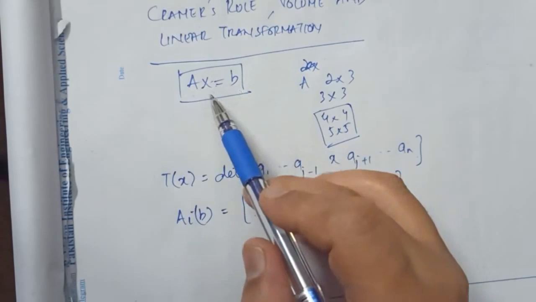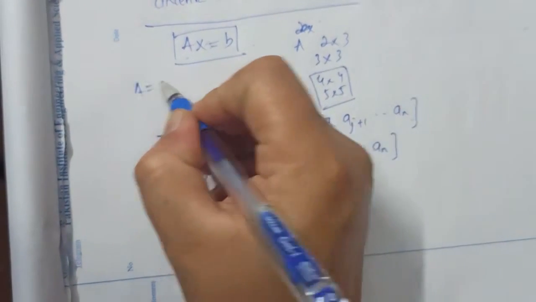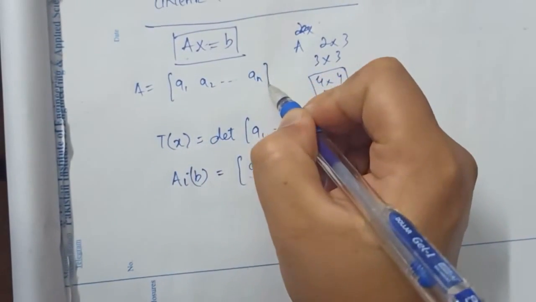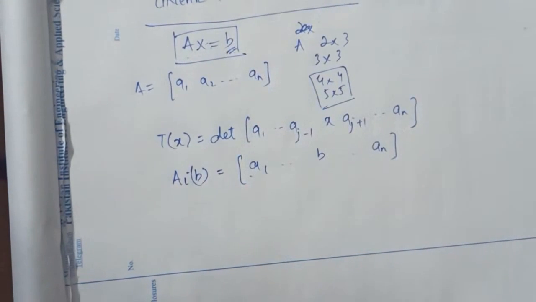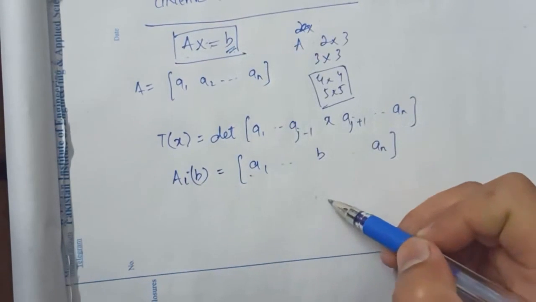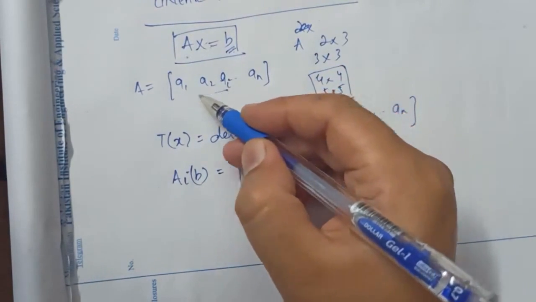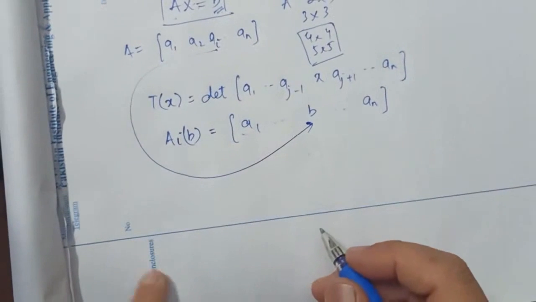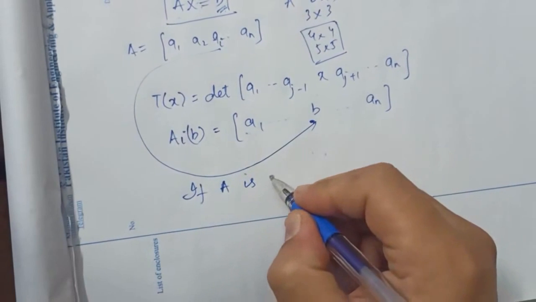So what I do is, in this matrix A, which can be thought of as vectors like that, I replace this b, which is given to me, and I place this b in the ith column of A. So if there was somewhere an i here, I replace this ith column of A with b, right?